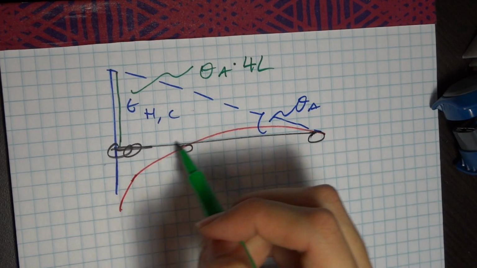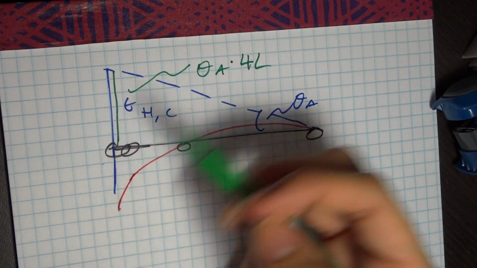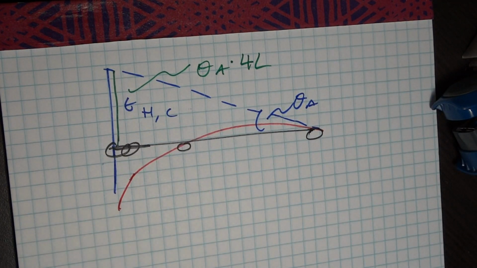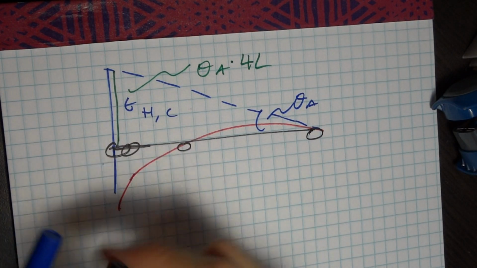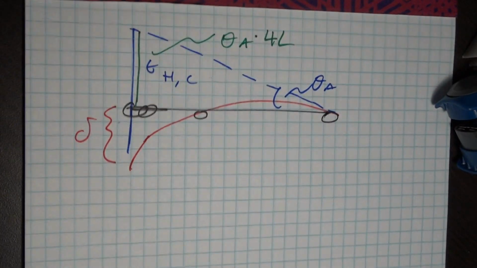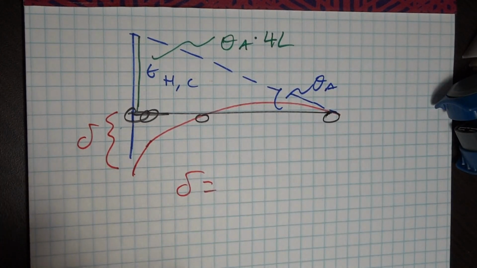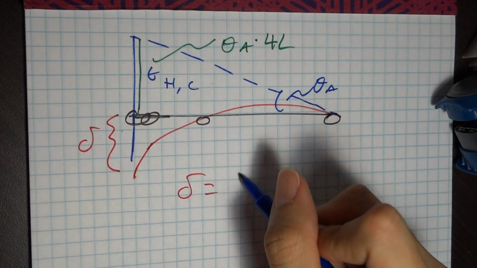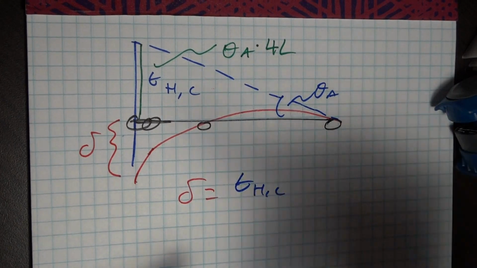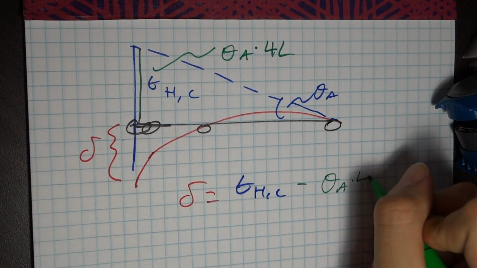Angle times adjacent equals opposite. If I want to find the deflection here, that is just equal to THC minus theta A times 4L.